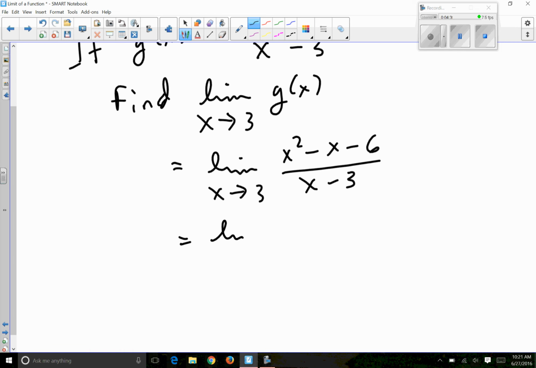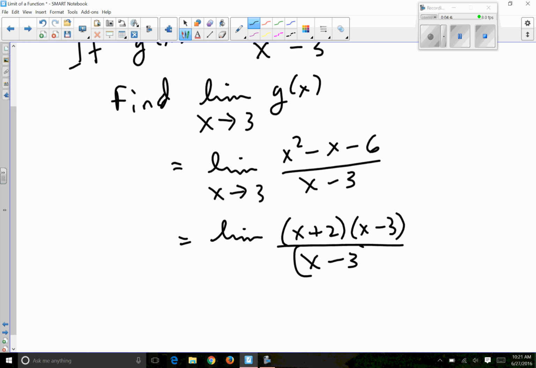which equals the limit of x plus 2 times x minus 3 over x minus 3 as x approaches 3, because this trinomial can be written in factored form.